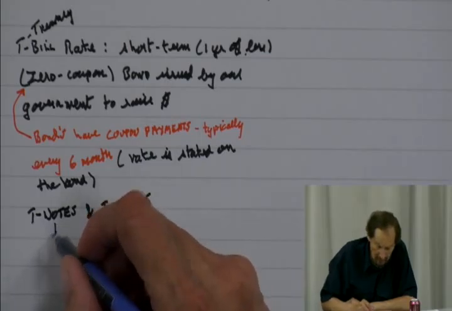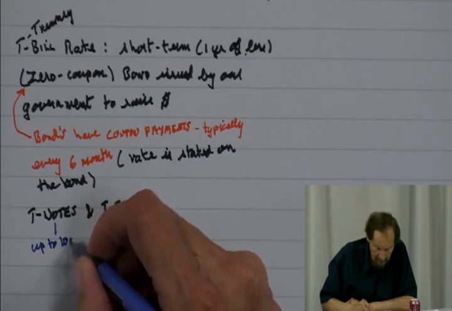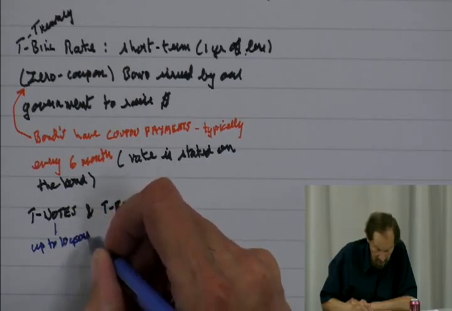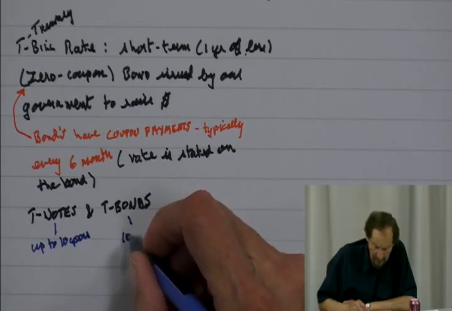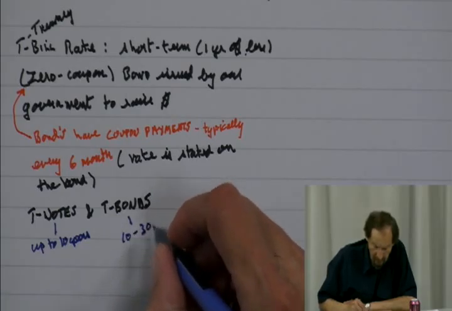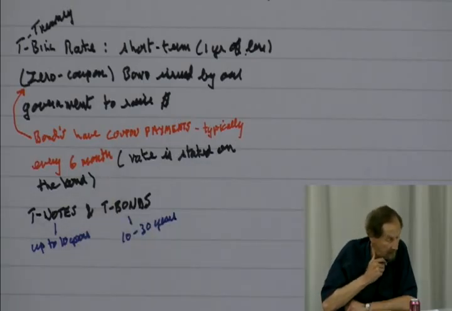T-notes are up to 10 years. T-bonds are typically 10 to 30 years in duration. Okay.